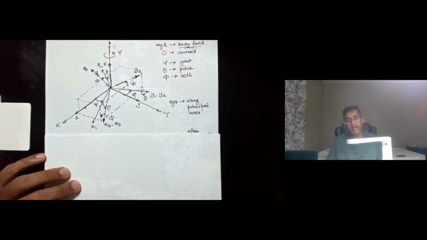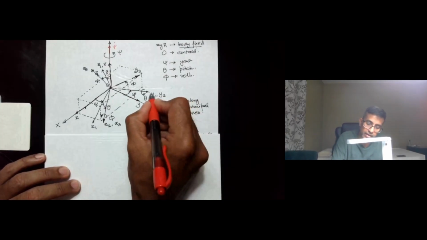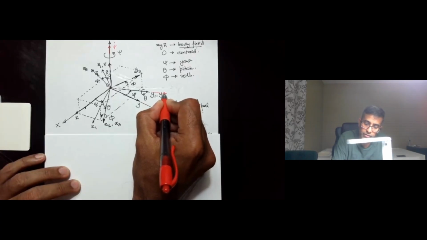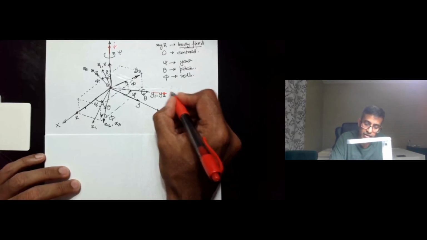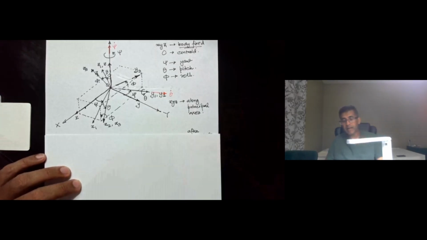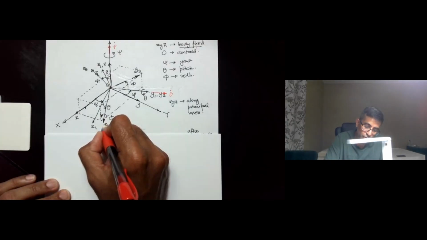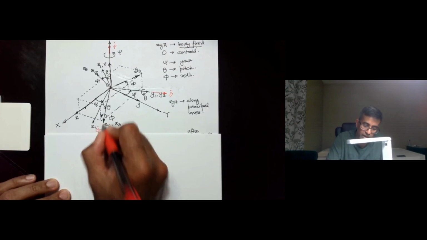Obviously, that is along the z-axis, the inertial z-axis. The angular velocity of pitch, we'll call that theta dot, and that will be along the y1, y2 axis. And lastly, the angular velocity of roll, or the rate of roll, will be phi dot, and that will be along the x2, x3 axis, or the x3 axis.